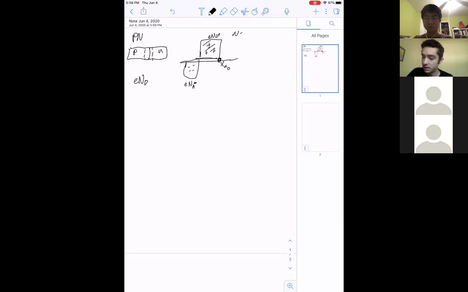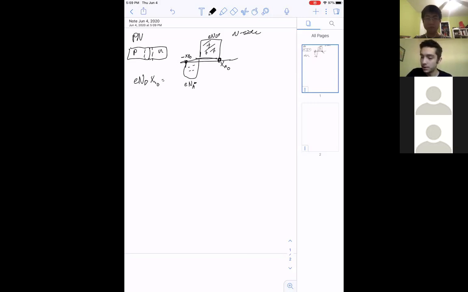So this is the N side. The other side's the P side. And this boundary I'm going to call negative XP naught. So ND times XN naught is the area under this diagram.